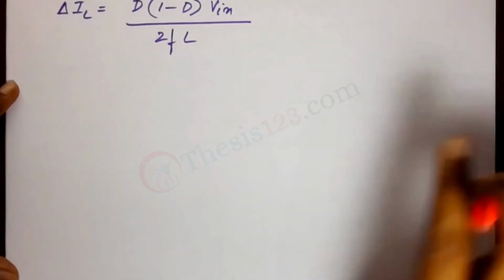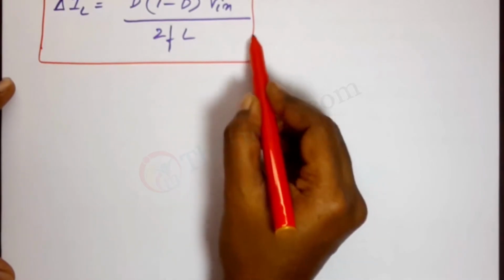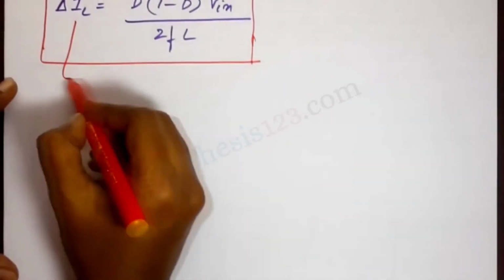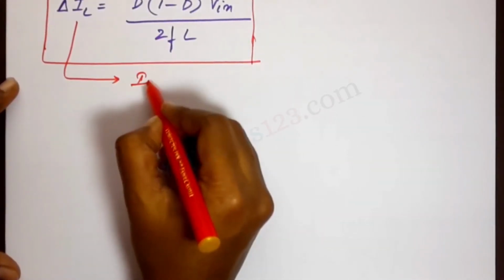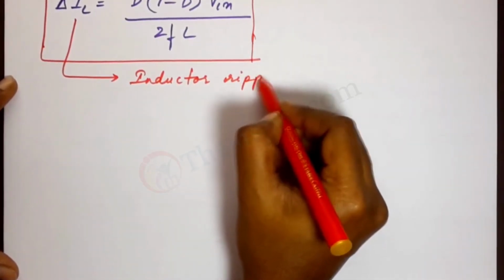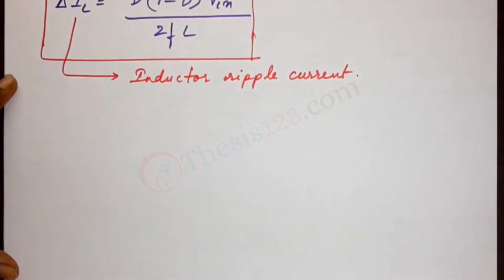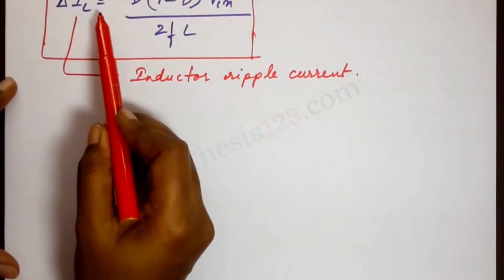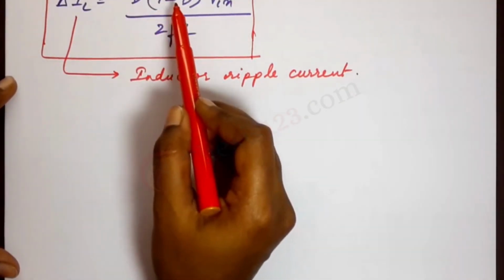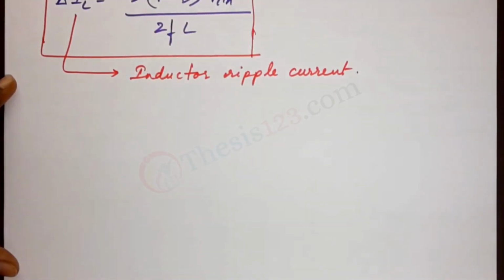Here, delta IL is the inductor ripple current. This is another very useful formula. So the inductor ripple current in terms of the duty ratio and input voltage is given by this equation.